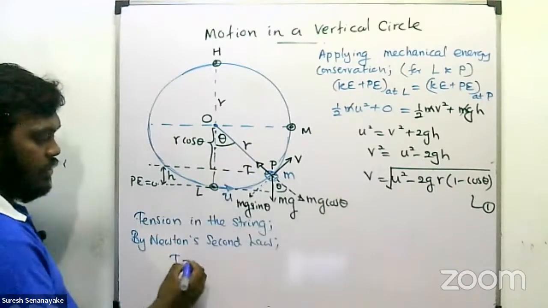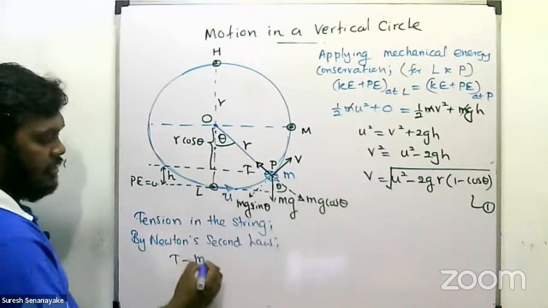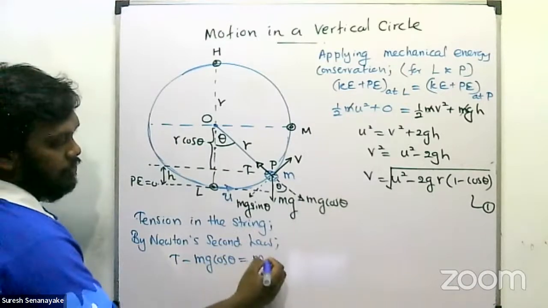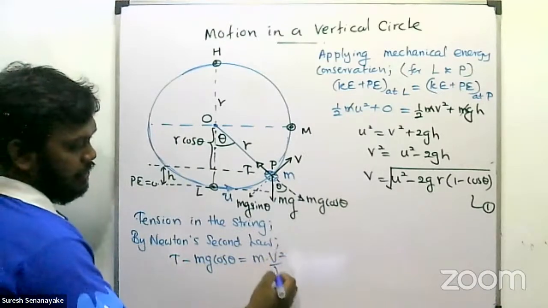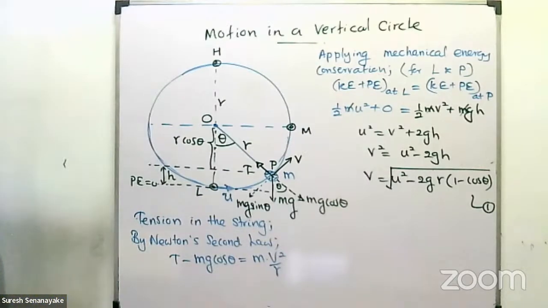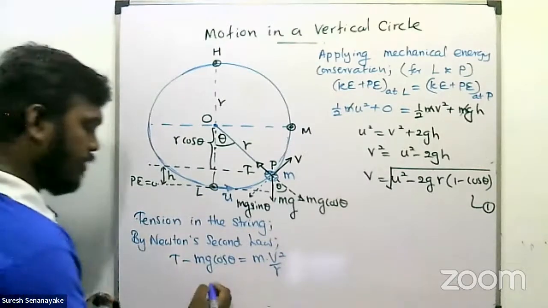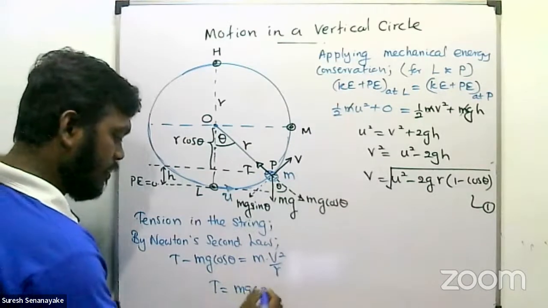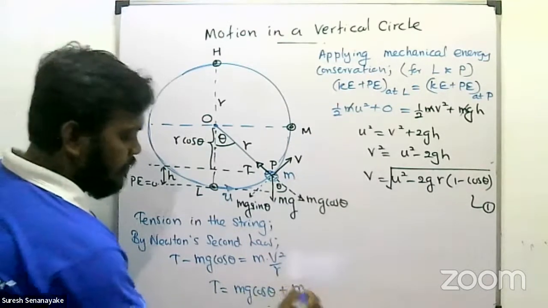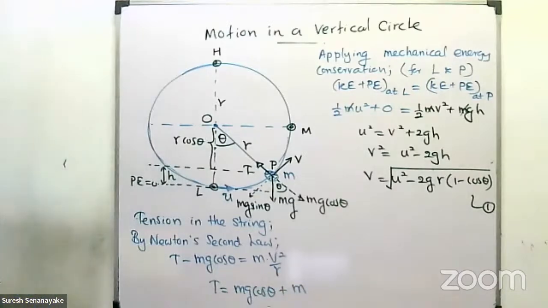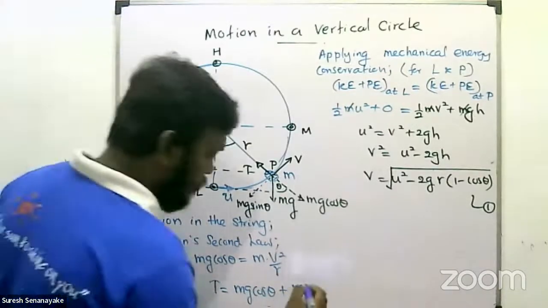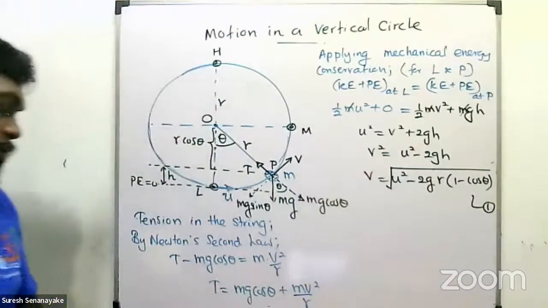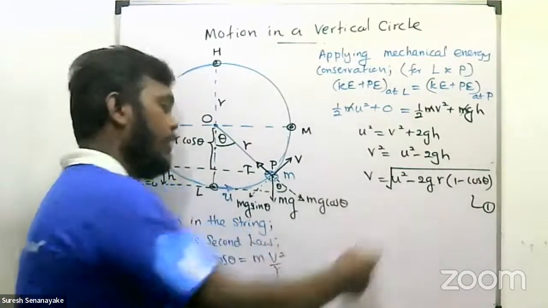The force is tension minus mg cos theta, positive, that equals m v square over r. So the tension equals mg cos theta plus m v square over r.